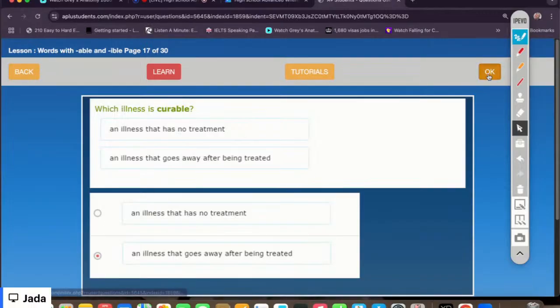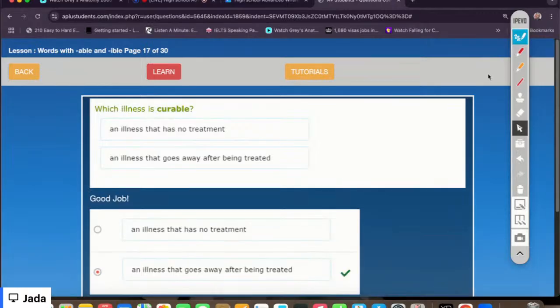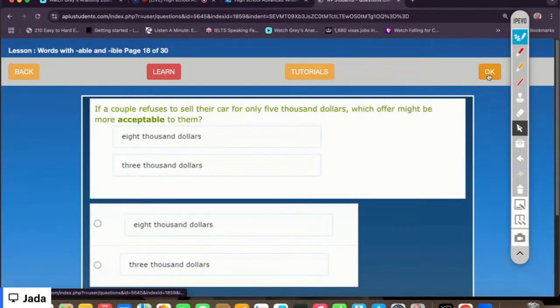Alright, so an illness that goes away after being treated, that is a curable illness.